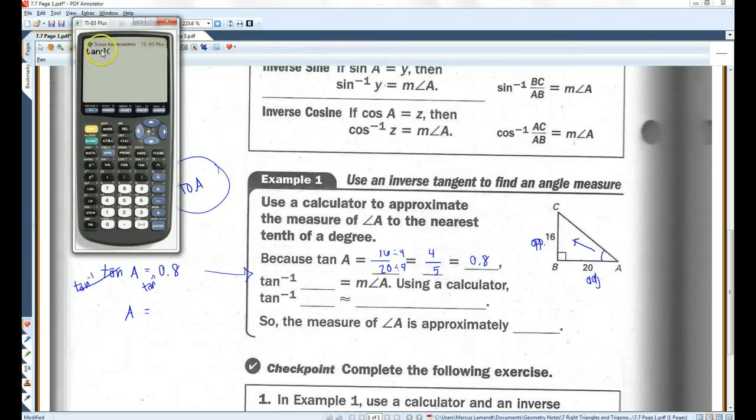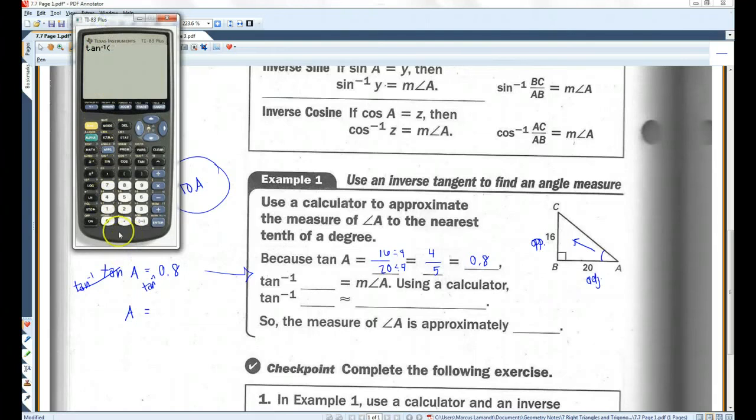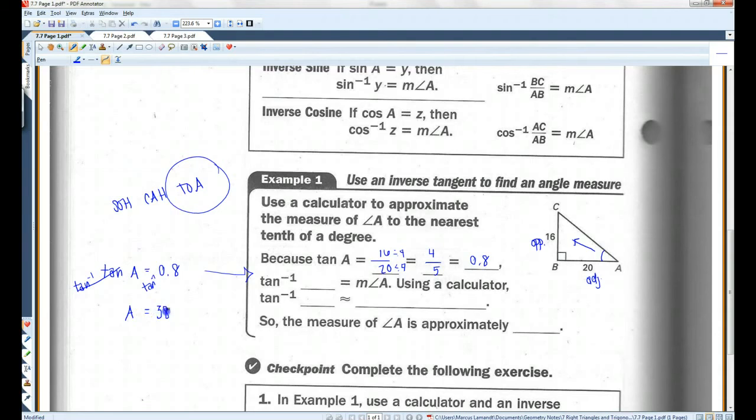You should get a little tangent with a -1 sign. Inverse tangent of 0.8. 38.65, and actually they just want to the tenth, so 38.7. Okay, and you could actually write this as the measure of angle A. That's the proper way to write it.